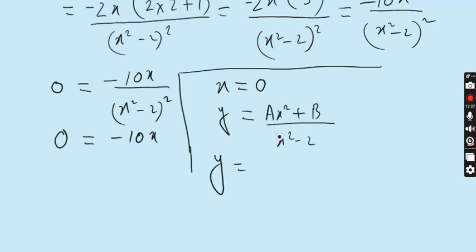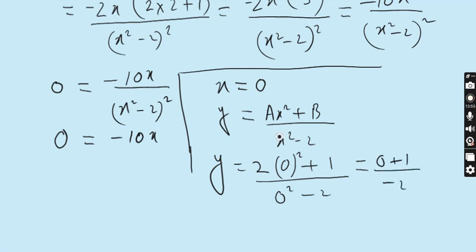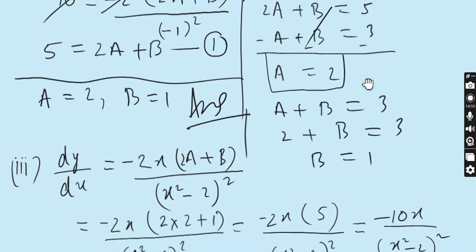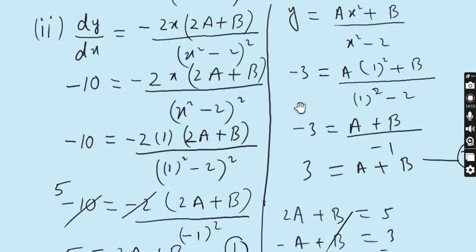So y = (2 times 0 squared + 1) upon (0 squared - 2). 2 into 0 squared is 0, so 0 plus 1 upon 0 minus 2, which is minus 2, is equal to minus 1 upon 2. Hence the stationary point is x = 0 and y = -1/2. This is the first requirement of part number 3.